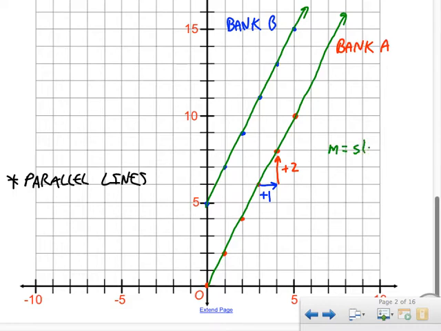M, slope, equals the rise over the run. And in this case, that equals positive 2 over 1, right? What's the function or the equation for this line that represents Bank A? Does anybody know it?